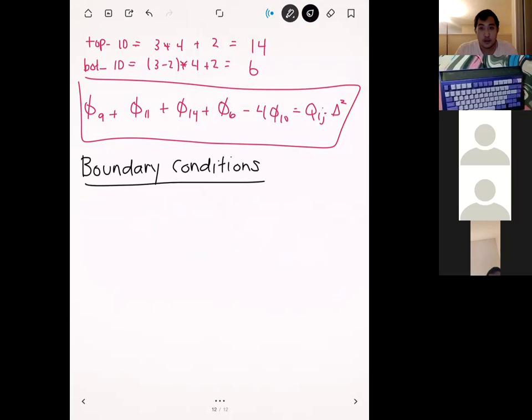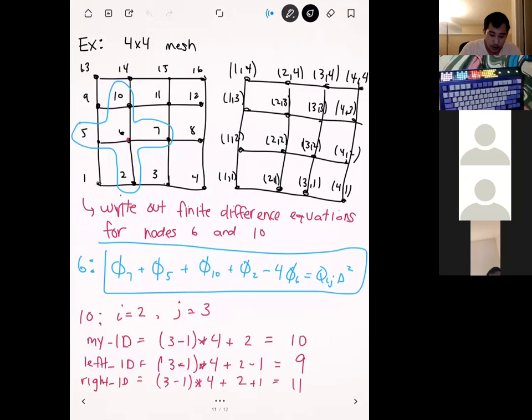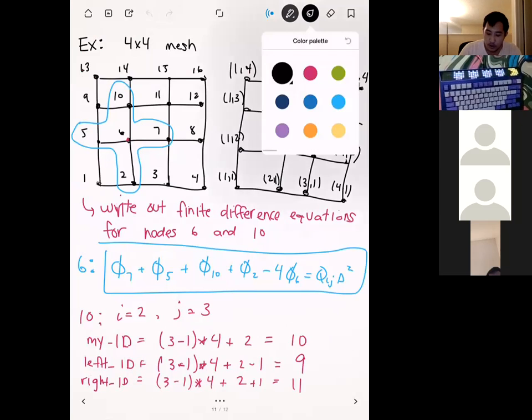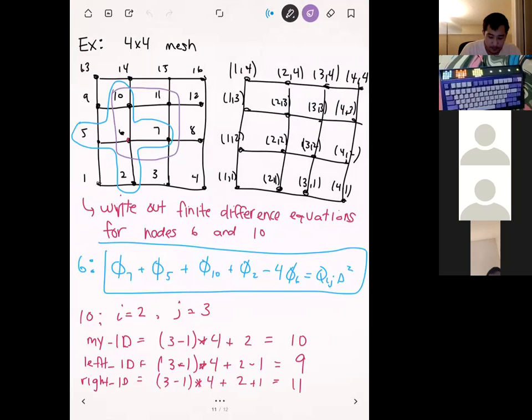All right, so let's talk about boundary conditions. Because Juan made a great point earlier that, if you're going to apply this finite difference equation, you can only do it on what's called the interior nodes. By interior nodes, what I mean is nodes that have a neighbor on every single side. In this case, there's only 4 of them because there's only 4 nodes on the interior.